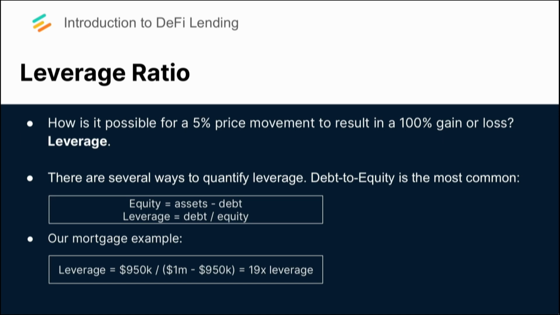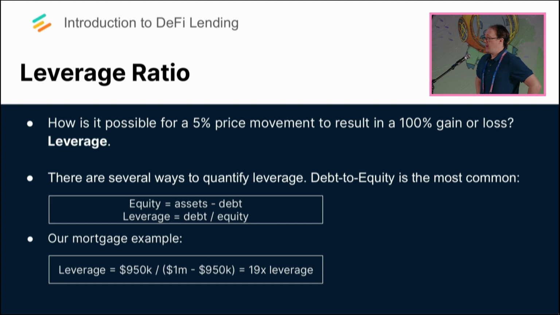There are several different ways to quantify leverage depending on your field, if you're an accountant or investor and so on. But the one that I think makes the most sense in a DeFi context is the debt to equity measure. Equity is just your assets minus your debt, what you would be left with if you sold off your assets and repaid all your debts. To compute leverage, it's simply your debt divided by that equity.